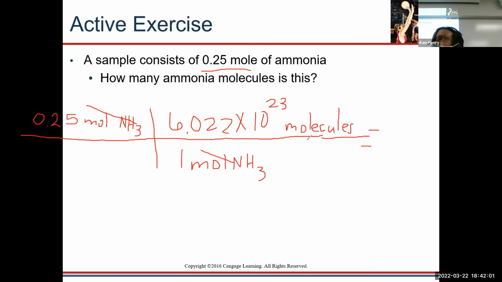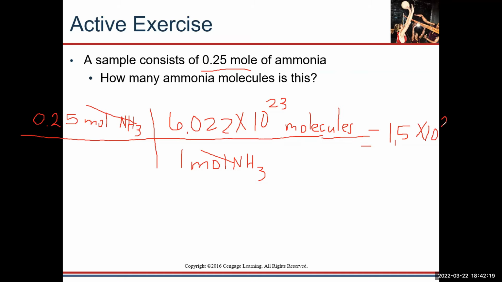Anytime you're using a conversion, you never pay attention to the number of sig figs it has. You just pay attention to what you're given, what you're starting off with. So that's going to be 1.5 times 10 to the 23rd molecules.